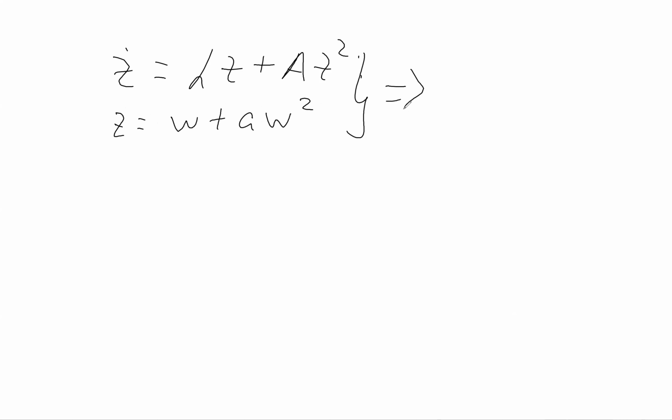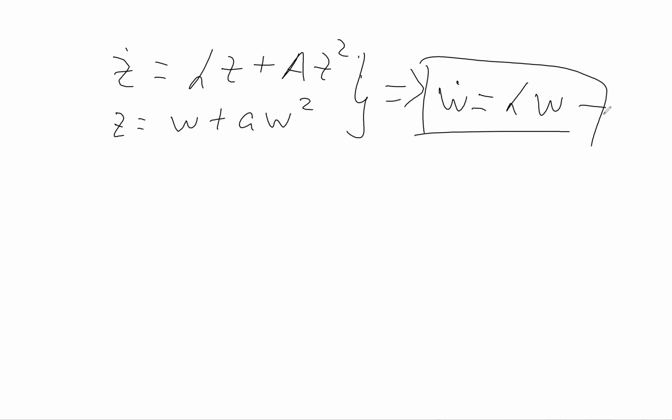After this, we have proven that in terms of w we will have lambda w, linear plus cubic terms. So the quadratic term disappears.